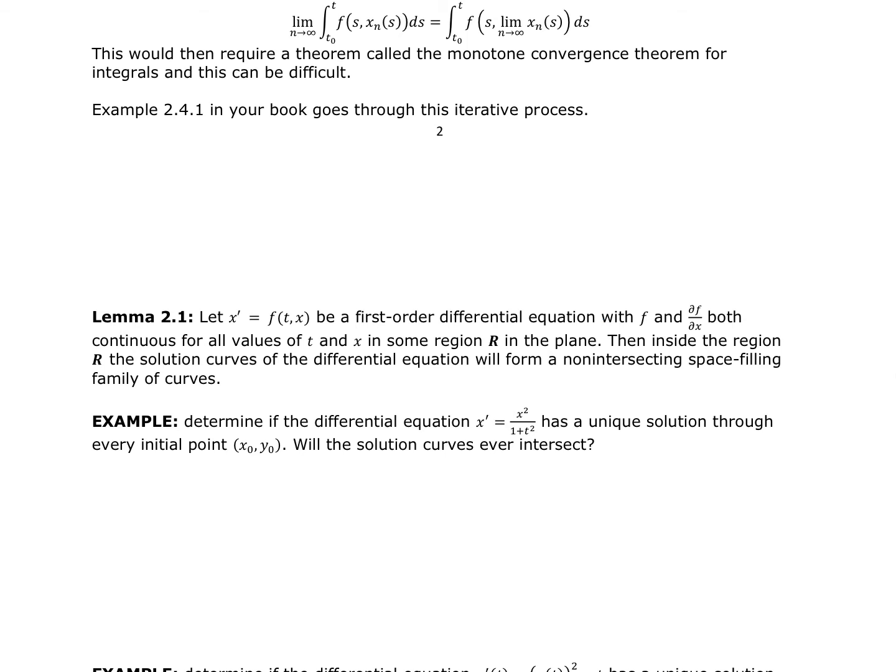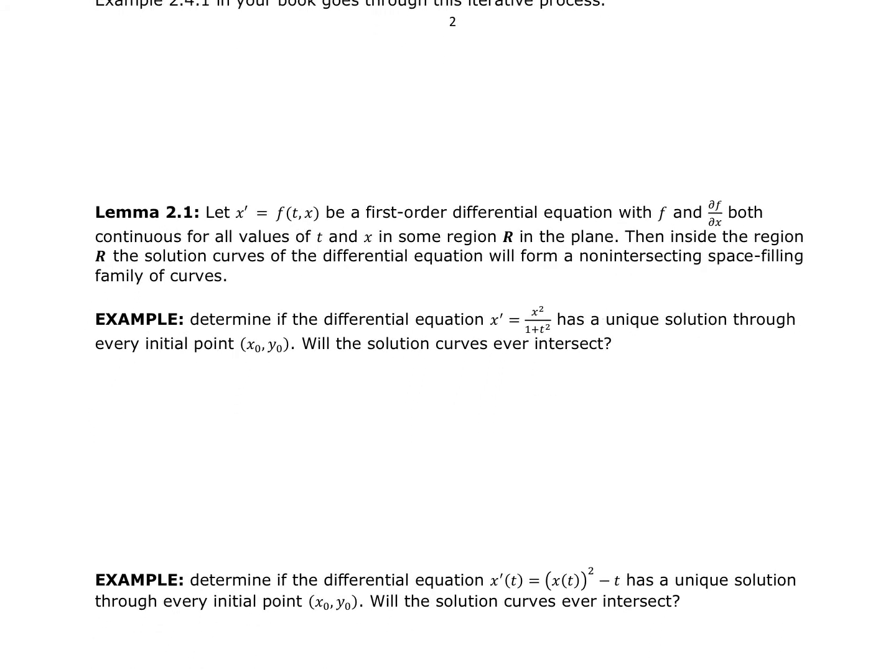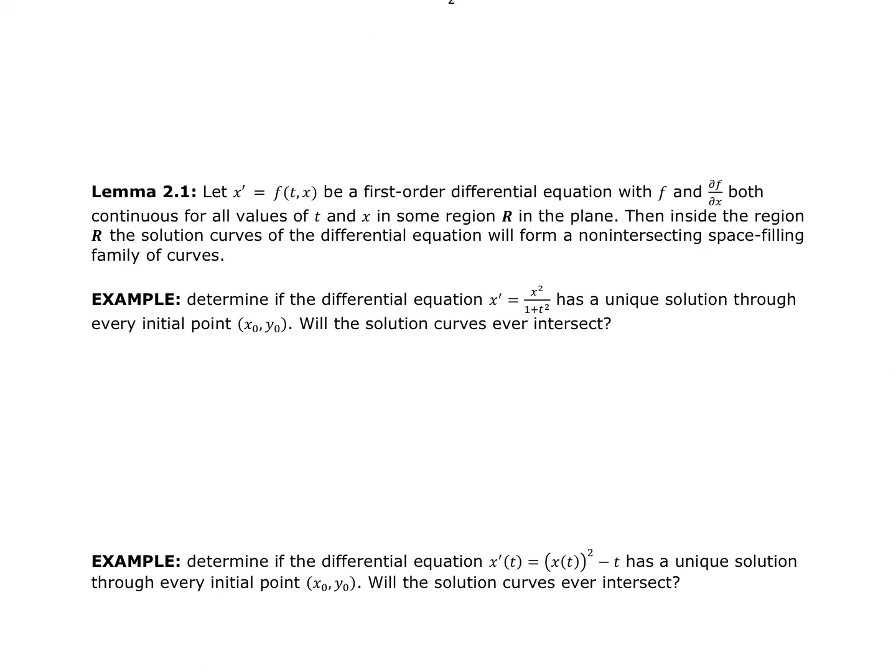So here's an example. Determine if the differential equation has a unique solution through every point t naught, x naught. Will the solution curves intersect? All right. So first of all, we know that f of t, x is x squared over 1 plus t squared. And let's do its partial derivative with respect to x.